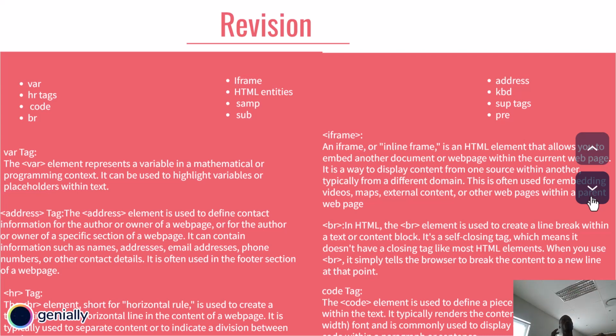What it basically does in a text is highlight the variables, which are the placeholders. Remember when we spoke about mathematics? In mathematics, there's this concept of finding the missing x, or whatever letter they give you, missing y.